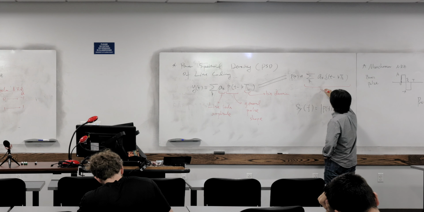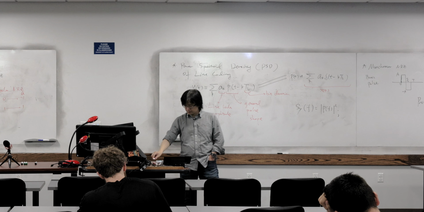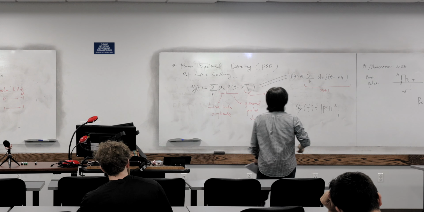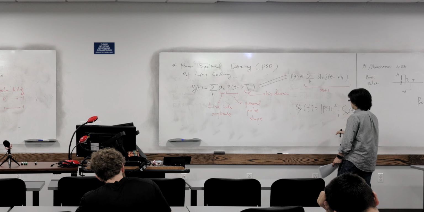Let's denote this signal as x of t. Then the power spectral density of y will be equal to this guy multiplied by the power spectral density of x.